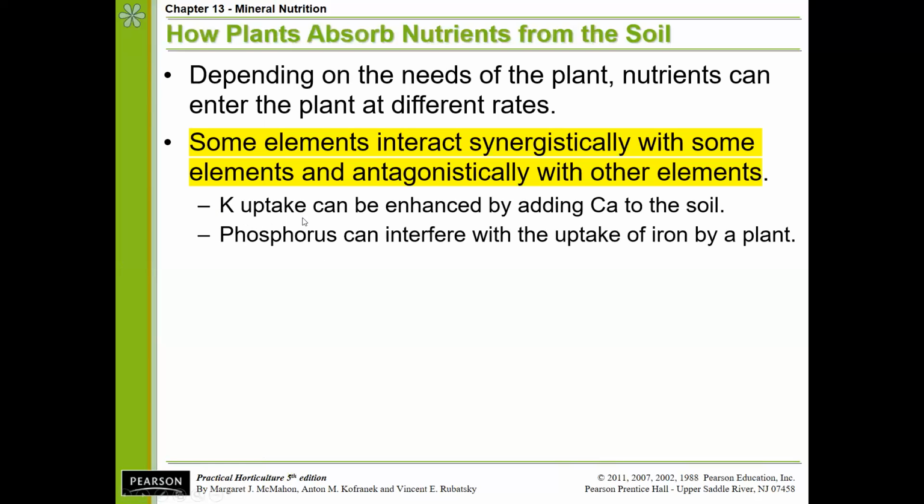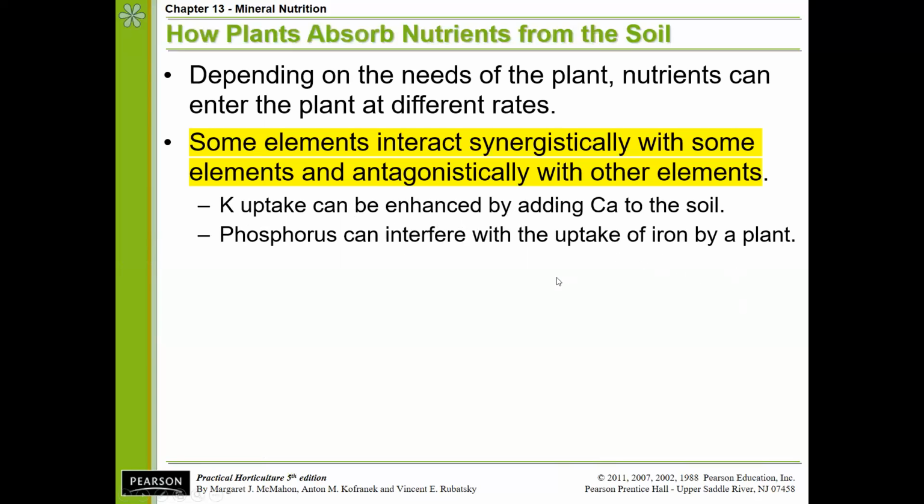Potassium uptake, for instance, can be enhanced by adding calcium to the soil. So that's a synergistic effect. Calcium and potassium work together. However, phosphorus can interfere with the uptake of iron by a plant.